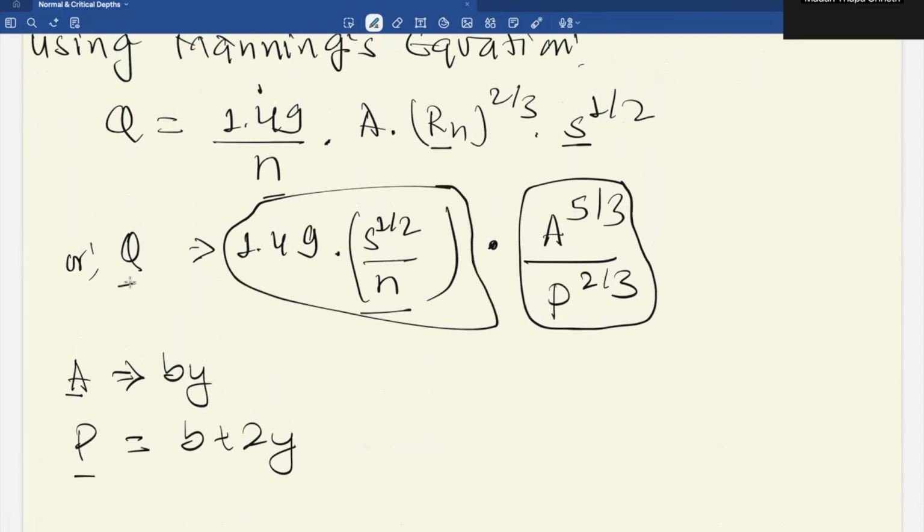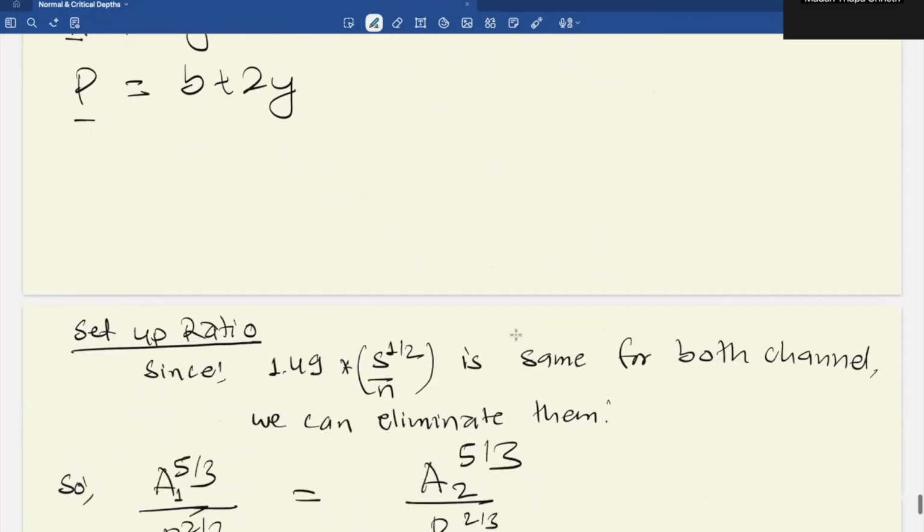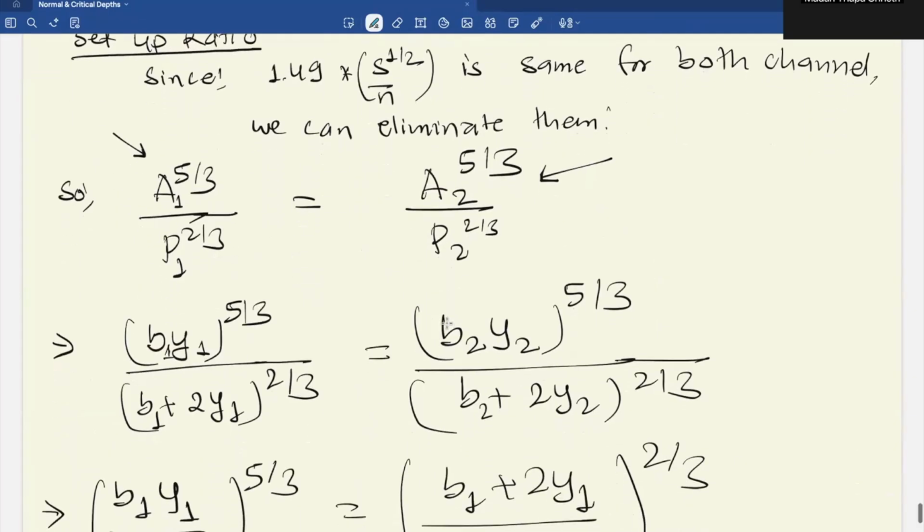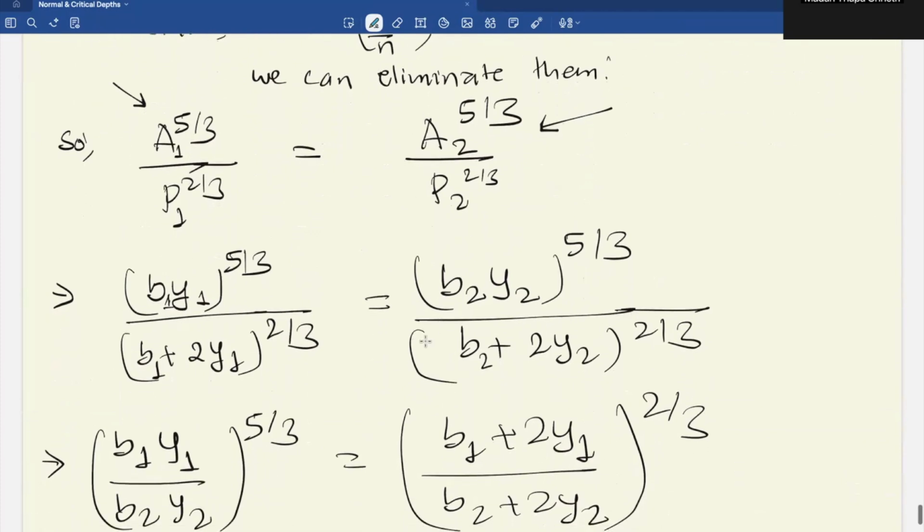And since we already know Q, we will have just this A by P term. So for the first part it will be like this, and for the second part it will be like this, that is A1 divided by P1, A2 divided by P2. And when we use the width of the channel and normal depth by computing area and P for the first part and second part, they look like this.